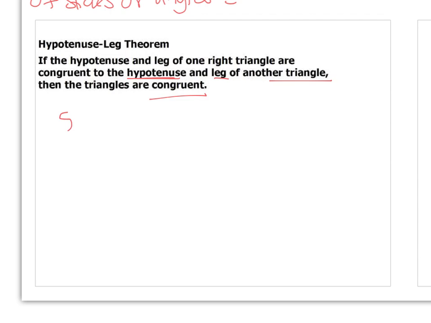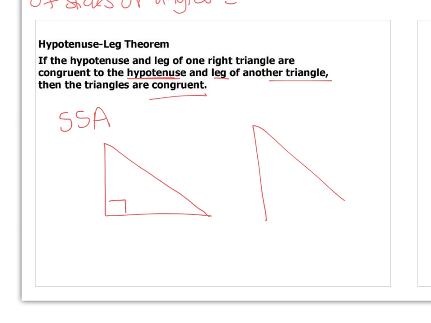This is really your SSA situation, but it only happens with right triangles, so let's draw a triangle. If I have two congruent triangles, and they both have right angles, so they're right triangles, your angle is always 90 degrees for this SSA case.